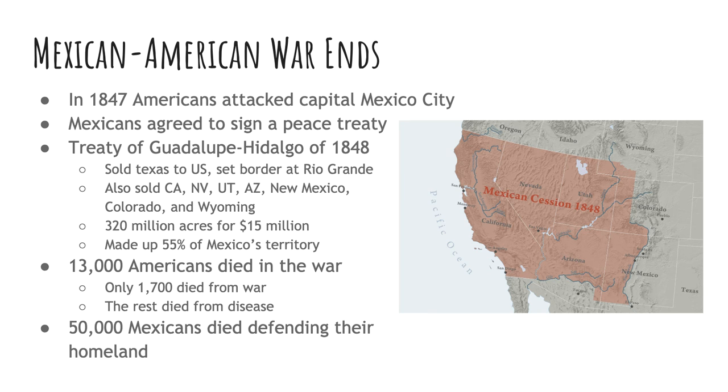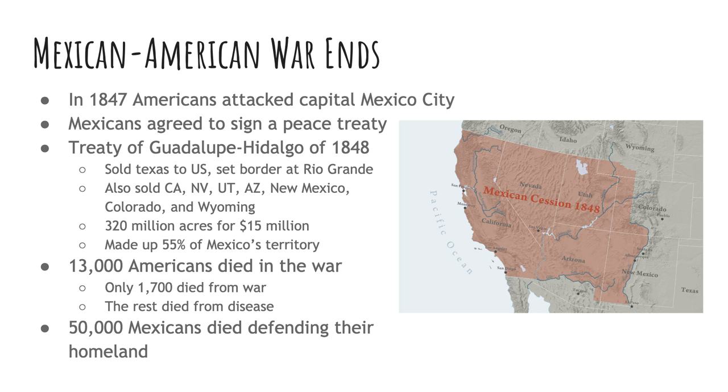So all of this land was sold for $15 million. And even in today's standards, but back then, it was not an expensive purchase. All of this land was more than half of the Mexican country. So in the Treaty of Guadalupe Hidalgo, Mexico lost 55% of its territory, which now became part of the United States.